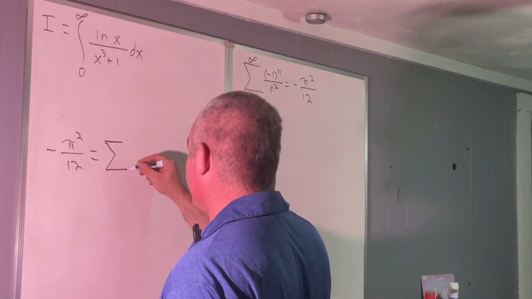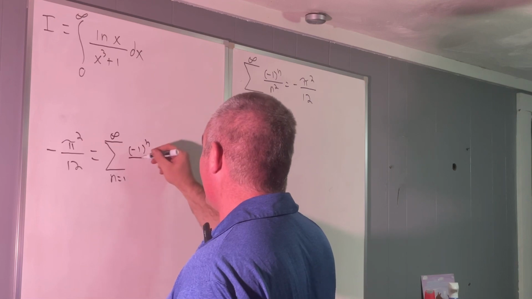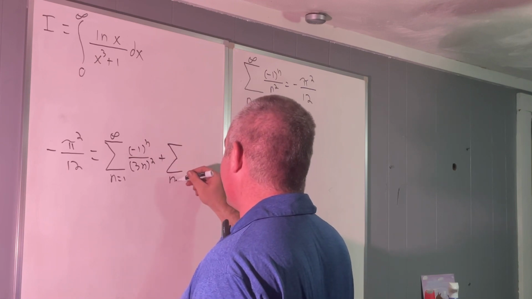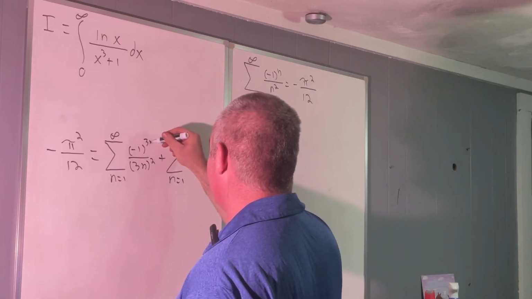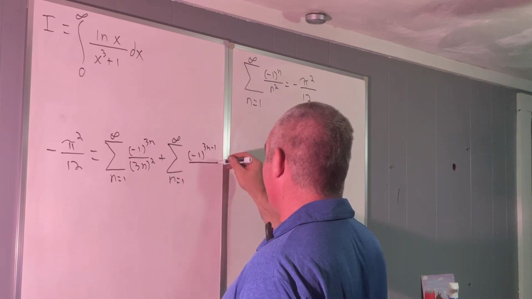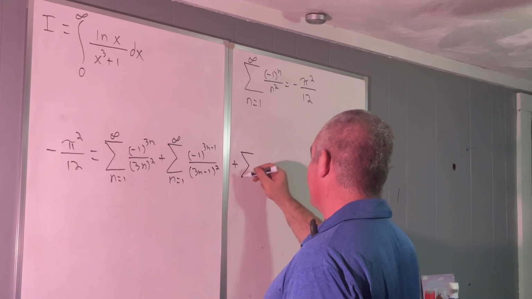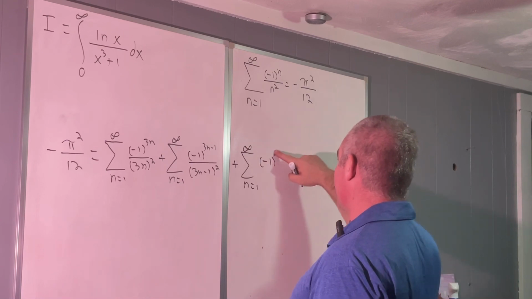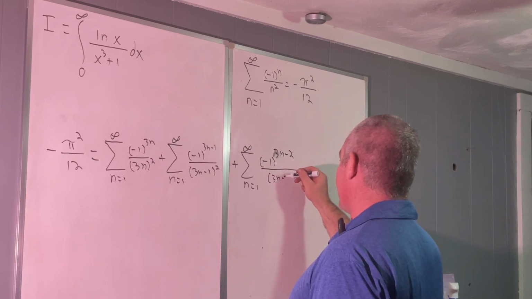The first sum is the sum as n equals 1 to infinity of negative 1 to the n over 3n all squared, plus the sum as n goes from 1 to infinity of negative 1 to the 3n minus 1 over 3n minus 1 all squared, plus the sum as n goes from 1 to infinity of negative 1 to the n, 3n minus 2 over 3n minus 2 all squared.